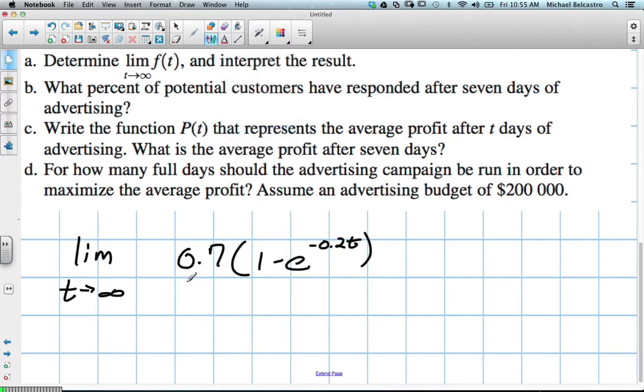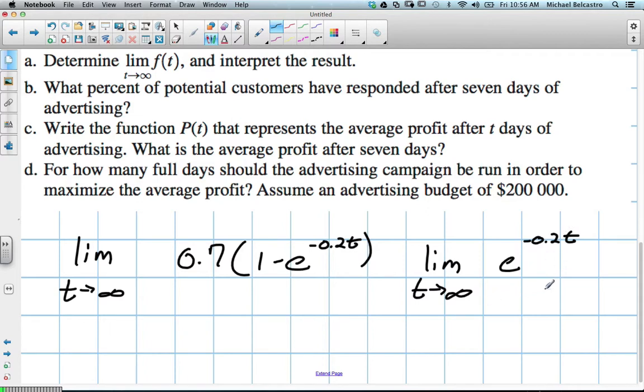Well, if we recall from our limits, the limit of 1 will be 1. We're going to focus on the other part as a limit in itself. So we're really going to be looking at the limit as t approaches infinity for the specific function of e to the power of negative 0.2t.